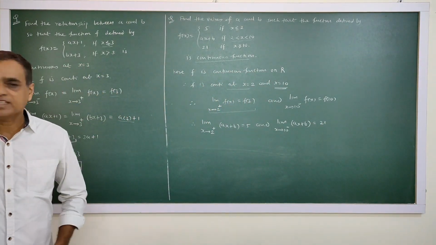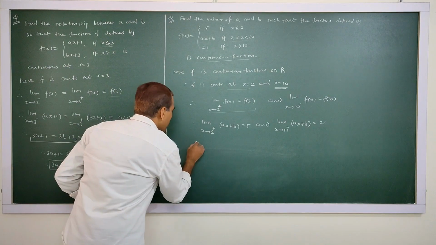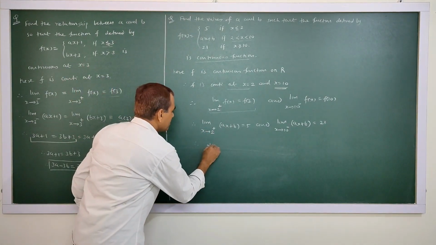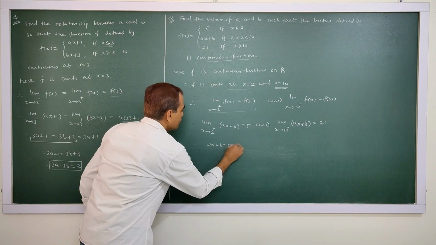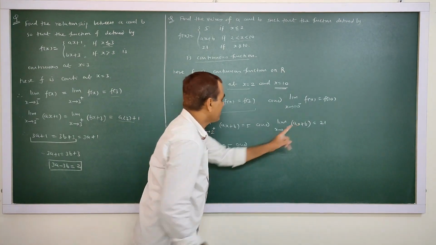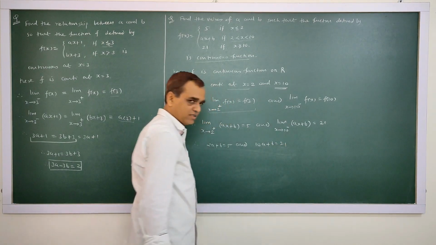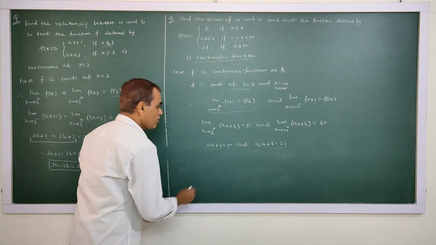So, showing this in short, we are going to have two equations. Putting 2 here, 2a plus b is 5, and putting 10 here, 10a plus b is 21. Now we solve these equations.